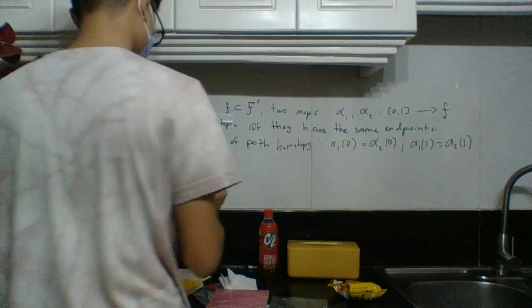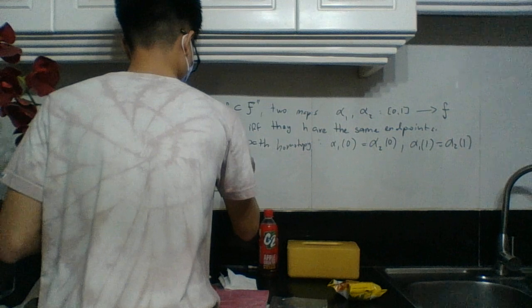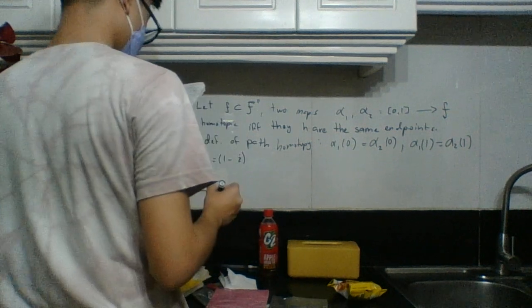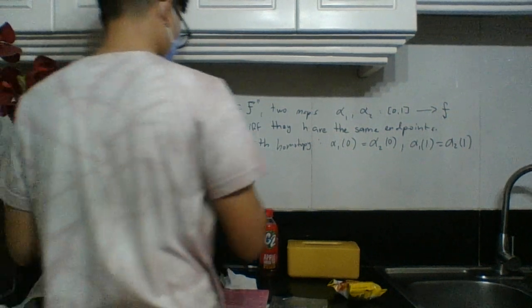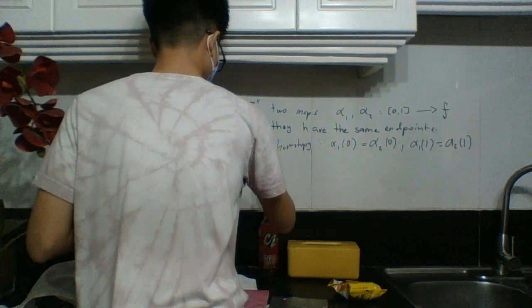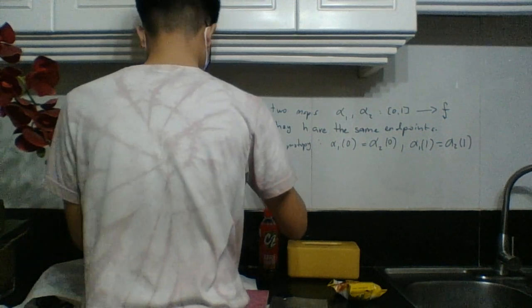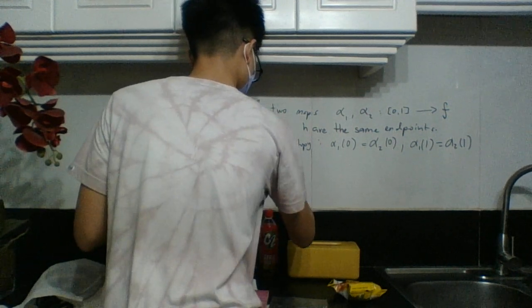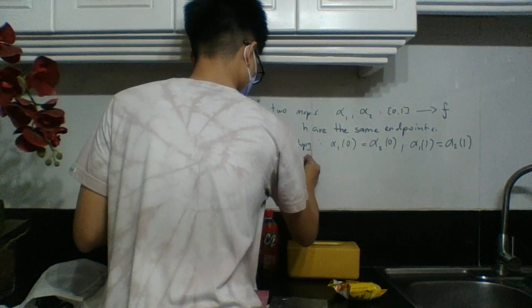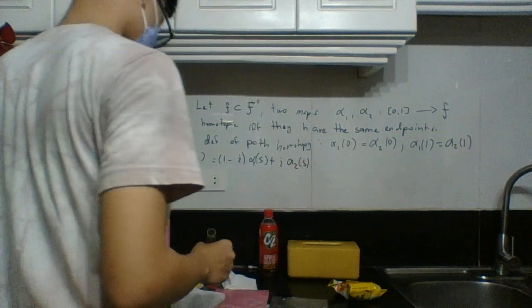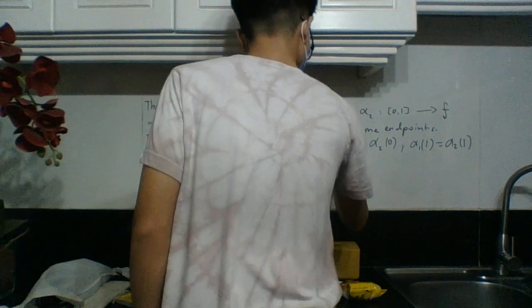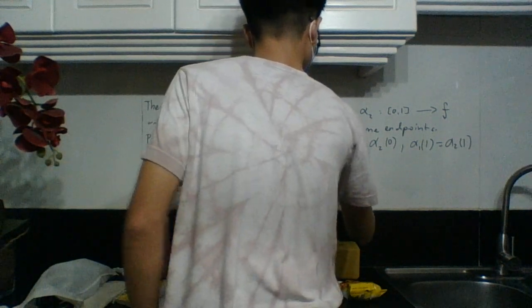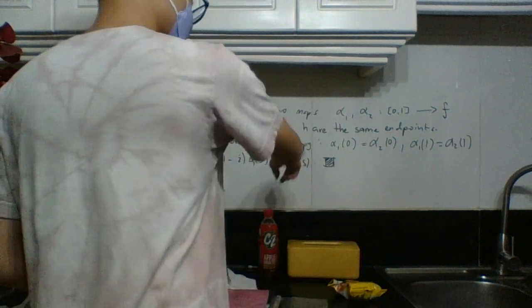Alpha i of s is equal to 1 minus i times alpha 1 of s, plus i times alpha 2 of s. You guys can verify that on your own, and I'll leave that as an exercise.